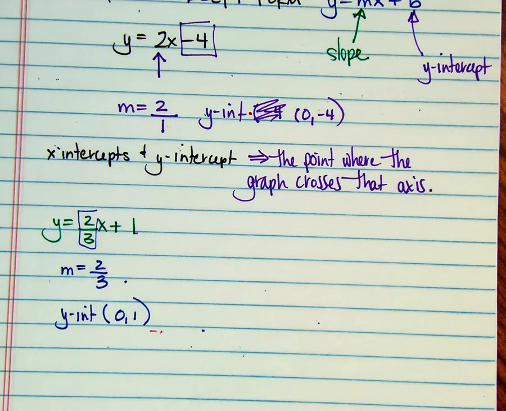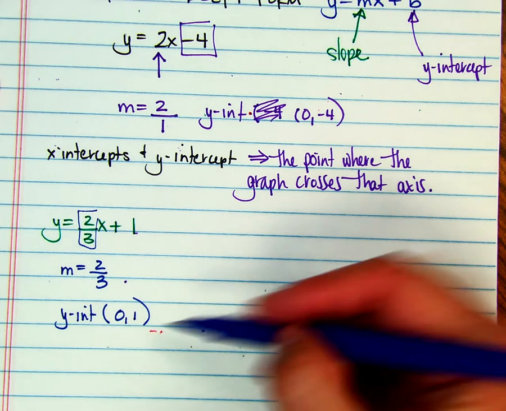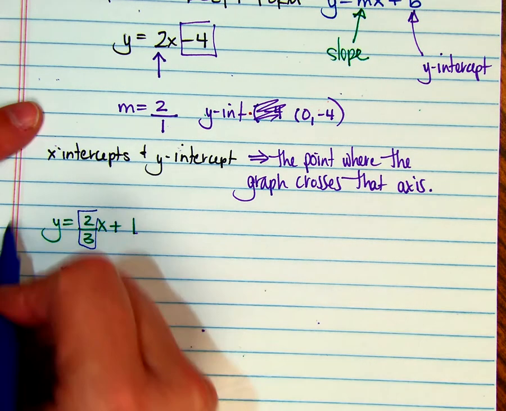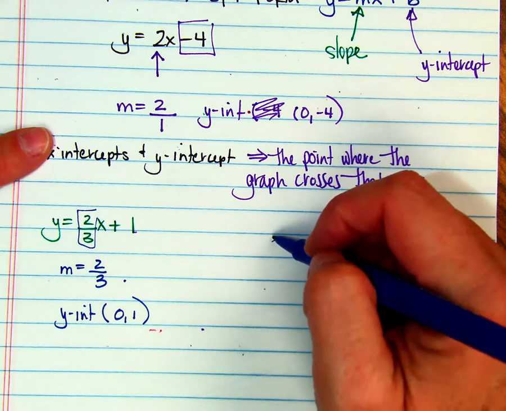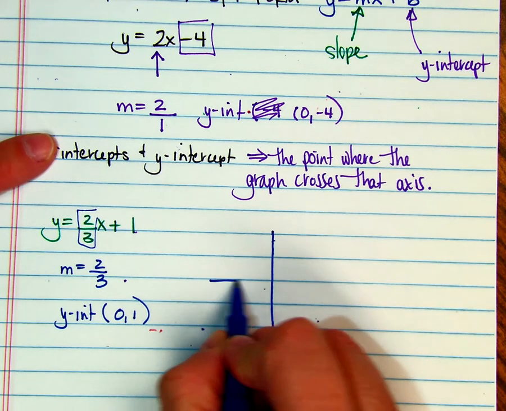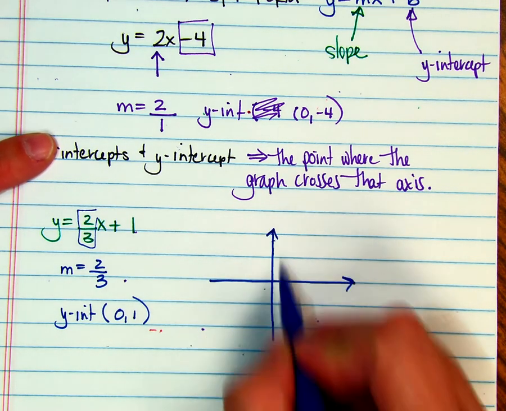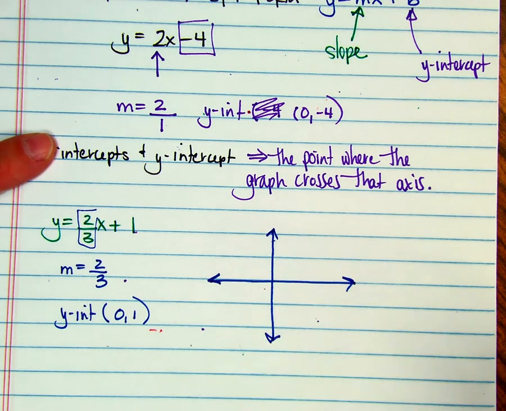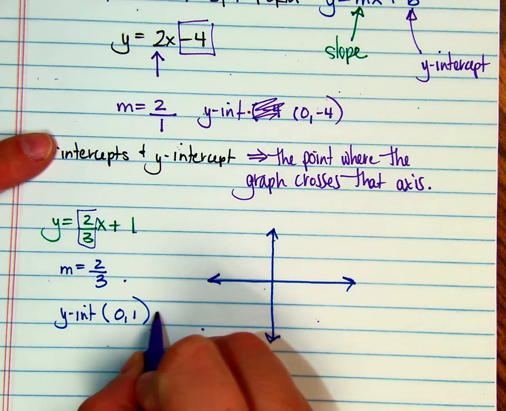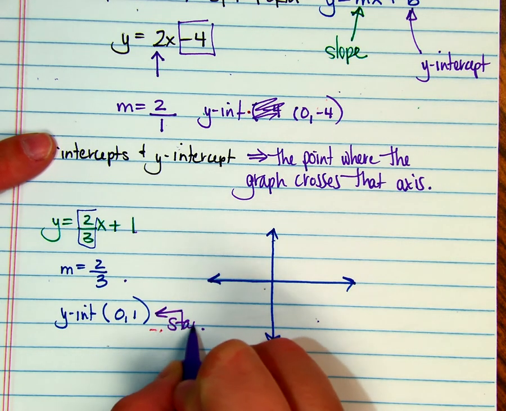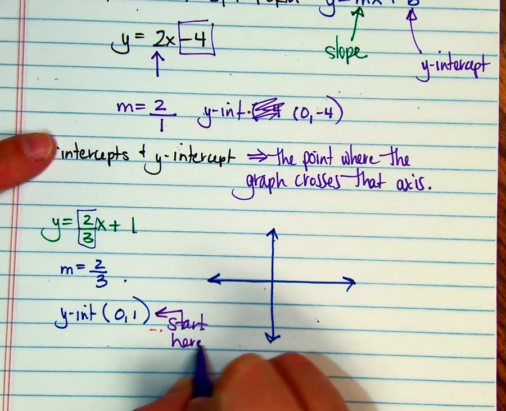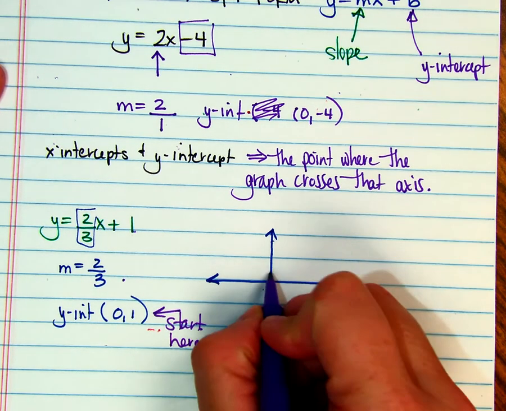Or if you know that it's 1, that is fine. So if I were to graph this, I'm just going to do a really quick sketch. You start with the point. We're going to put a point at 0, 1.